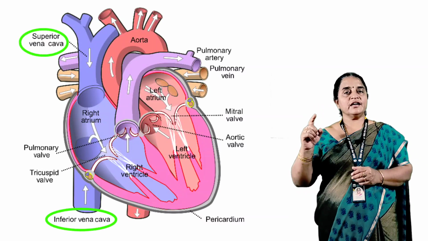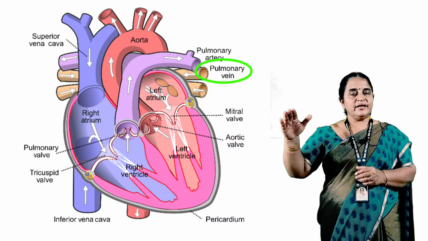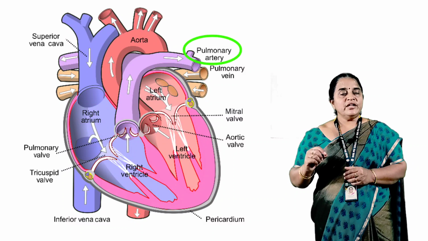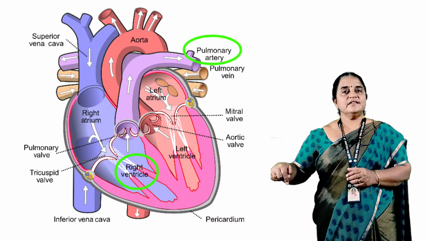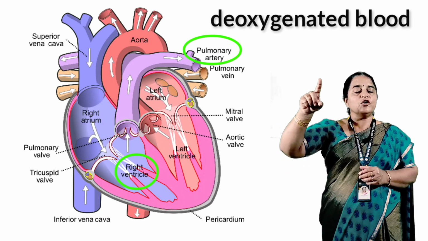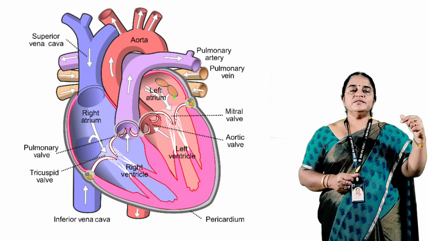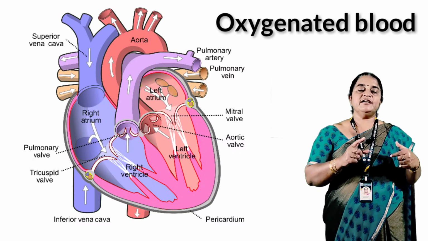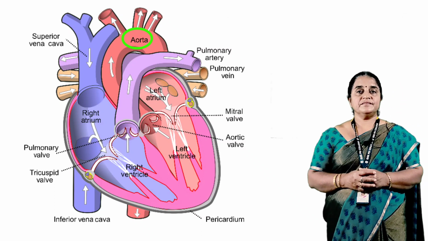The superior and inferior vena cava, the two largest veins, collect deoxygenated blood and open into the right atrium. The pulmonary artery arising from the right ventricle takes deoxygenated blood towards the lungs. From the lungs, oxygenated blood is collected by pulmonary veins, which open into the left atrium. The left ventricle distributes oxygenated blood to different body parts through the aorta.